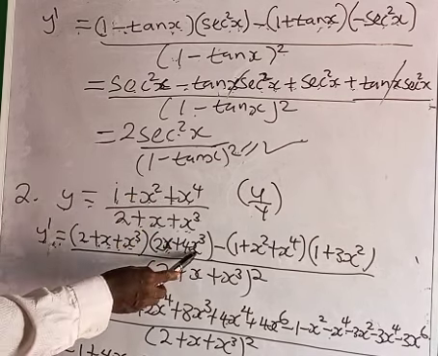Then minus, of course, we are keeping this time the numerator, which is 1 plus x squared plus x raised to power 4, constant. Differentiating now the denominator, 2 is constant, 0. Differentiating x, we have 1. Differentiating x raised to power 3, we have 3x raised to power 2. All over the denominator square, of course, 2 plus x raised to power 3 all squared.